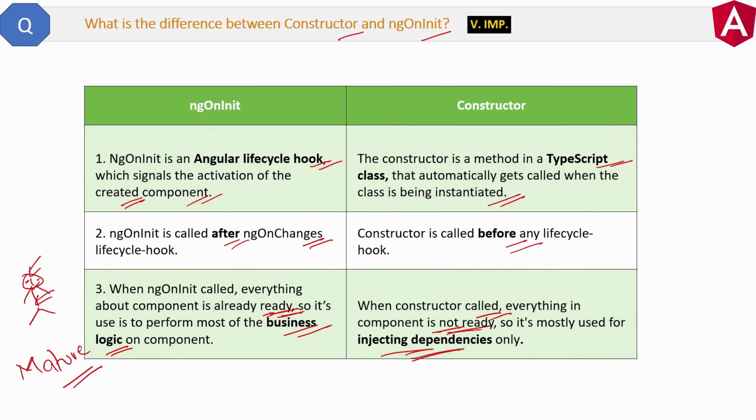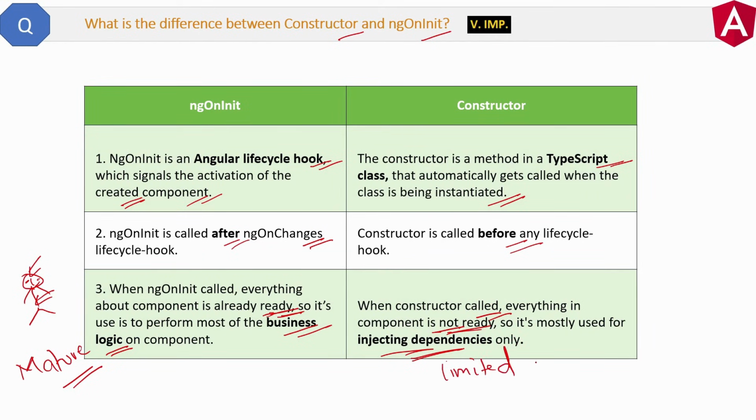This is one very important thing which we do inside the constructor, and that is injecting dependencies. Apart from this, we can declare variables, instantiate some classes, but not more than that. Very limited code should be placed inside the constructor.